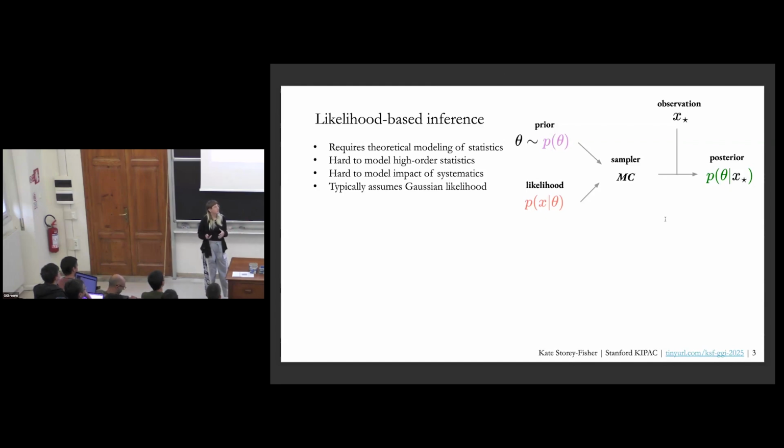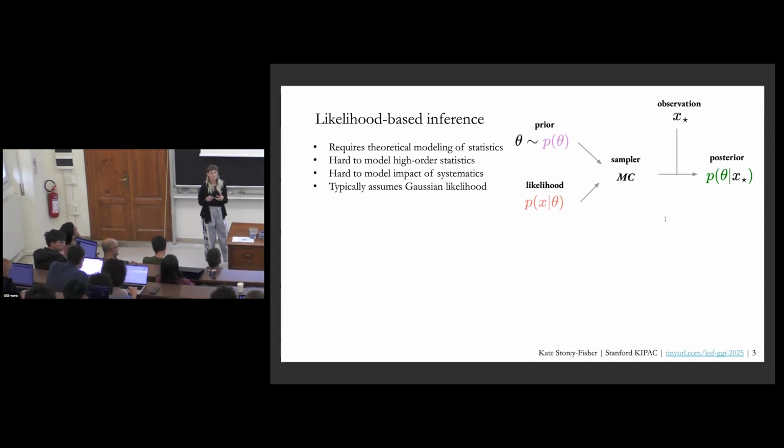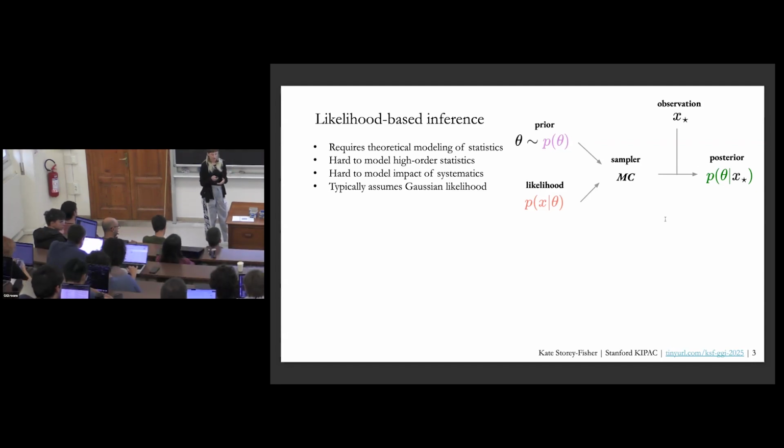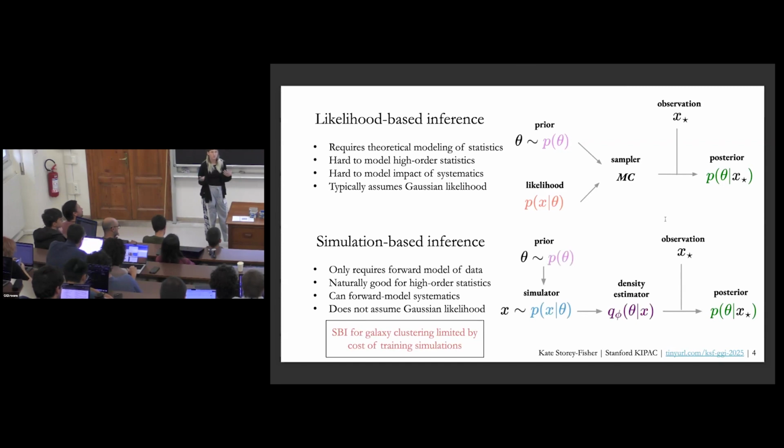And because of these restrictions, we typically require that the data we're using is a summary statistic, so the power spectrum, for example. But it's hard in this framework to model higher order statistics that we need really good theory for. And it's also hard to understand how the plethora of systematics we have might affect these, especially higher order statistics. So an alternative that we heard a little bit about from Uros earlier is simulation-based inference. So the diagram looks a little different.